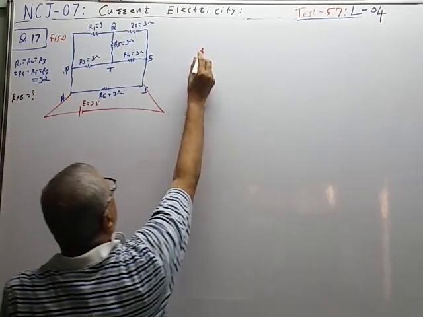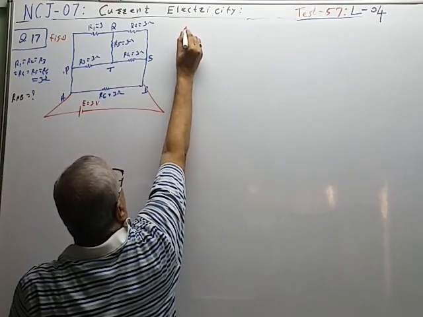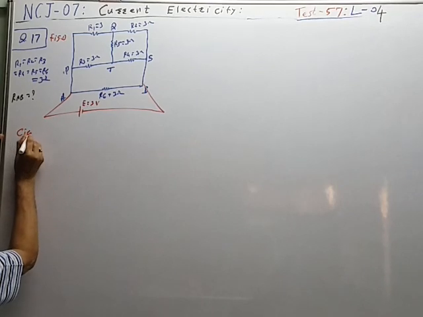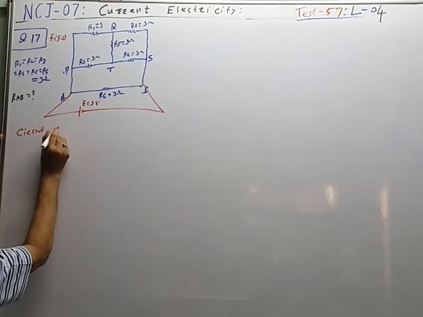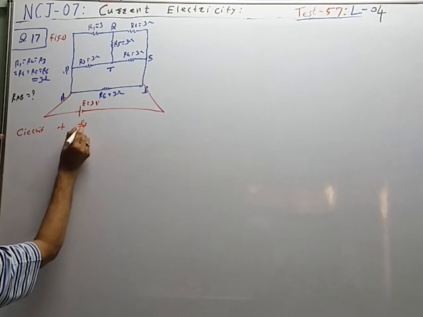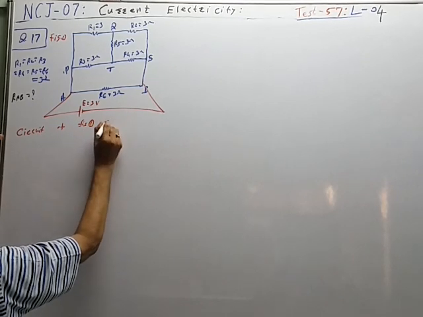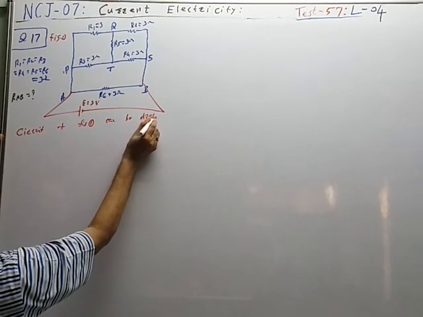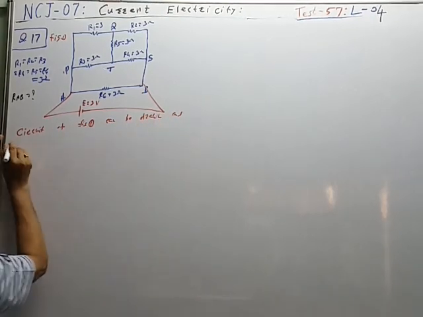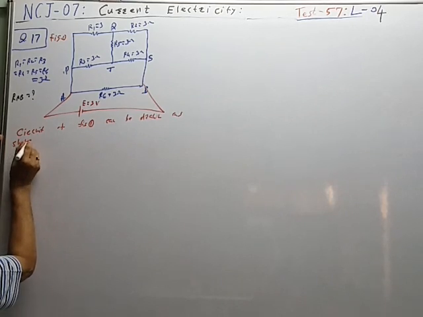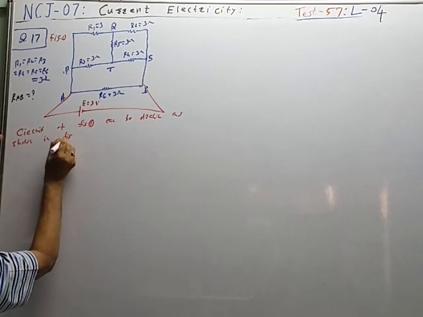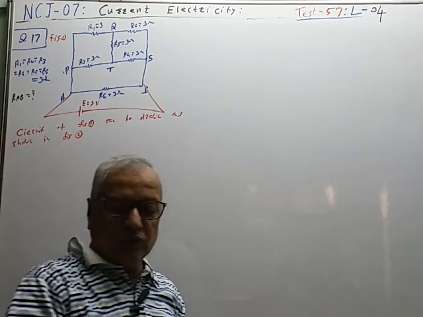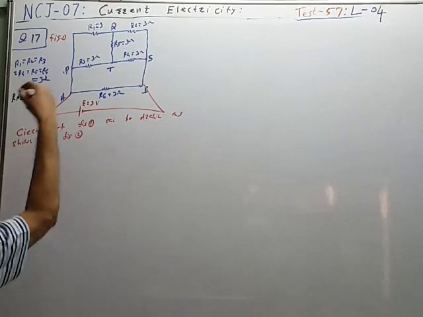So circuit of figure 1 can be drawn as shown in figure 2. So that figure 2 is like this.